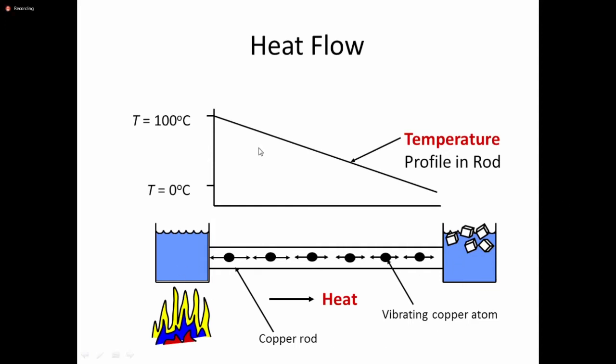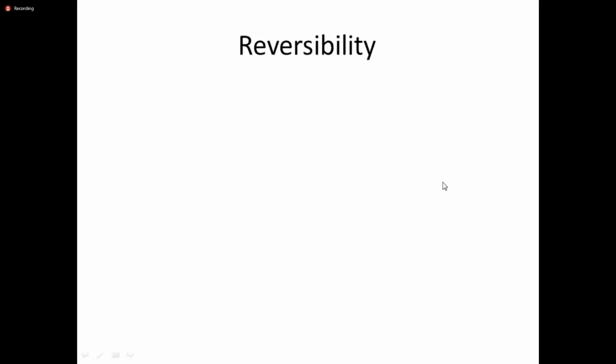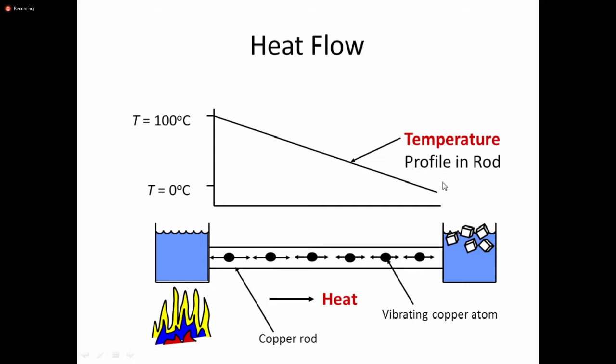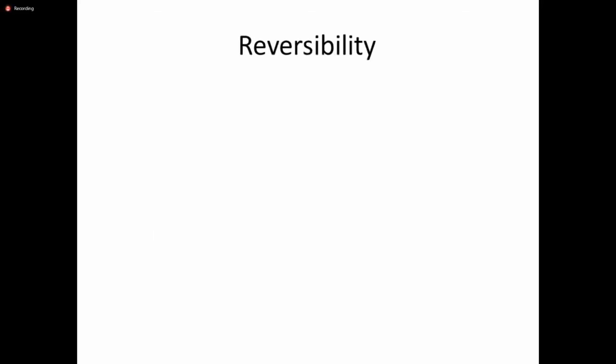So by doing the experiment, we come to know that there is a heat flow. What is the direction of that heat flow? From the high temperature potential towards the low temperature potential, from 100 degrees Celsius towards 0 degrees Celsius. Are all of you with me, yes or no? Yes, sir.